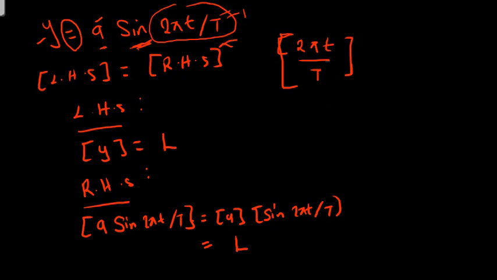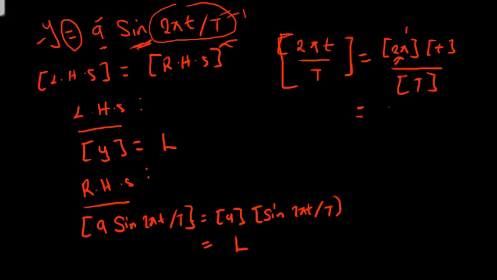All right, so 2 pi t over T is the same as saying dimensions of 2 pi, dimensions of time divided by dimensions of the period, which is just also the time. So you know that dimensions of 2 pi, so 2 pi is just 2 times 3.14, so this is a number. So even if you multiply it, it will still be a number, and it simply means that the dimensions of 2 pi, because it's a pure number, is just 1.